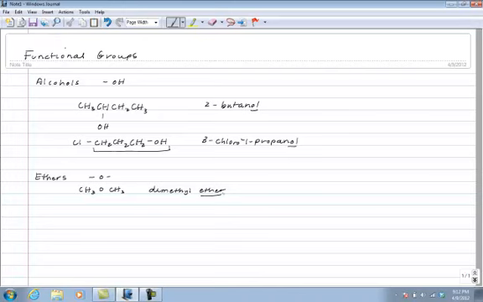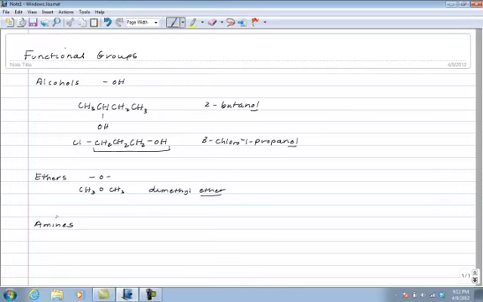Another functional group is the amine, or amines group. Amines contain nitrogen atoms bonded to carbon atoms in some sort of a ring or a chain.